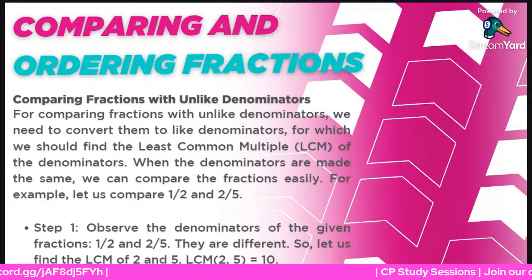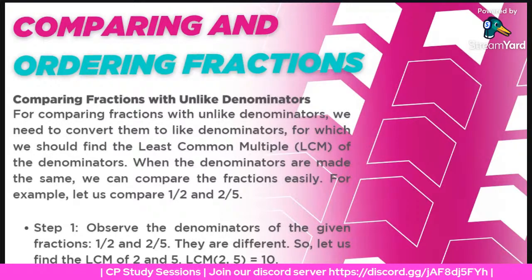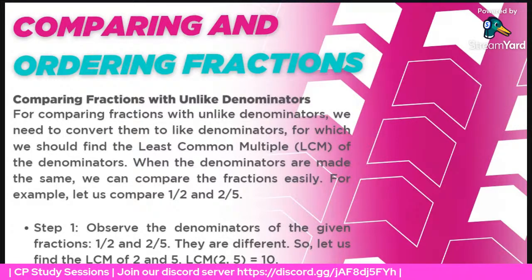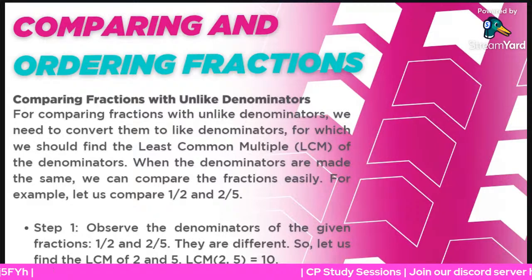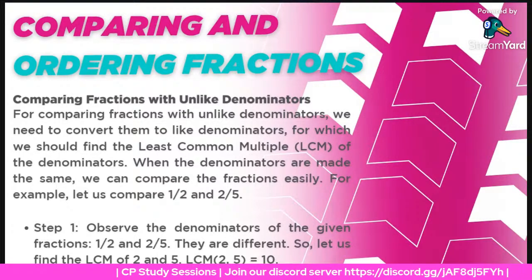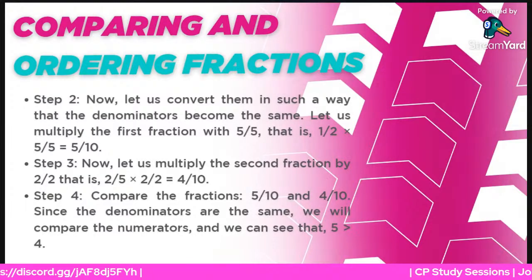Different. Okay. So, ang kailangan natin gawin is hahanapin natin ang least common multiple nila, which is, ano ang least common multiple ng 2 and 5? 10. Okay. So, step 2, now let us convert them in such a way that the denominators become the same.